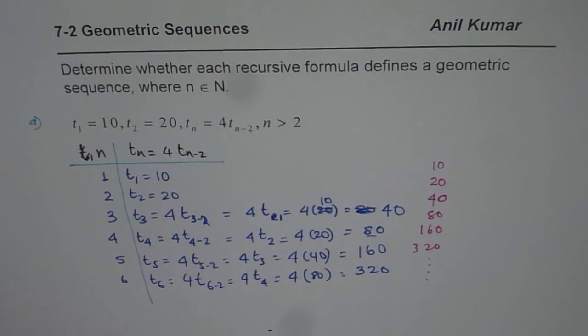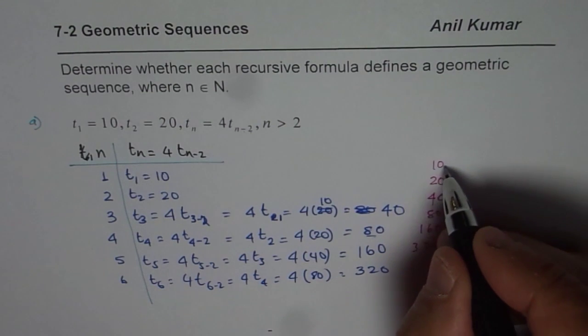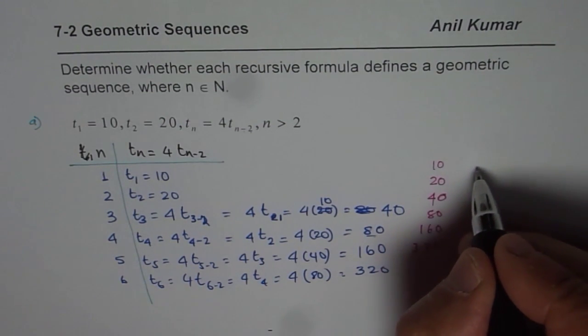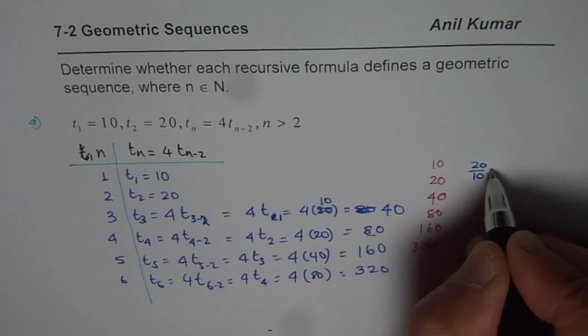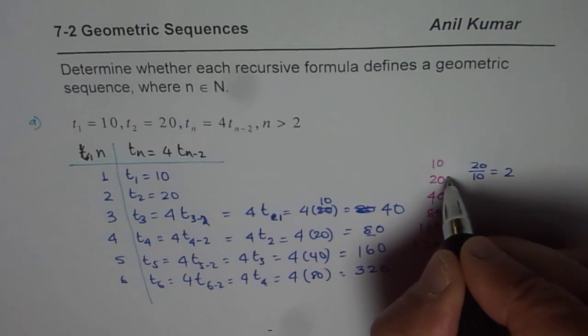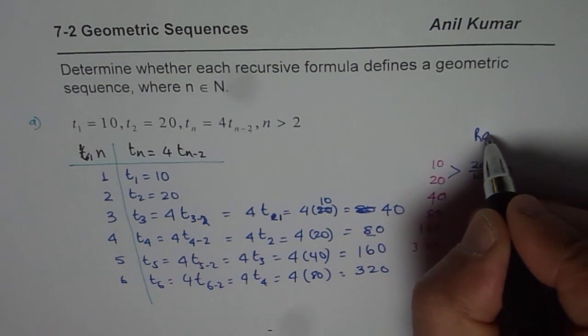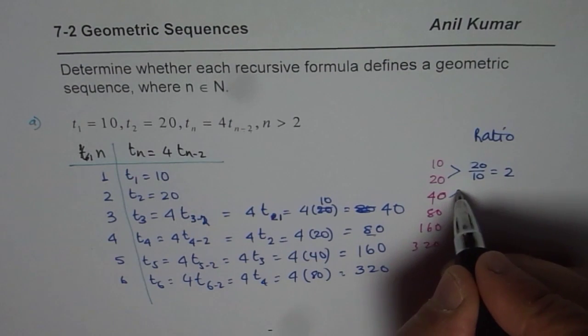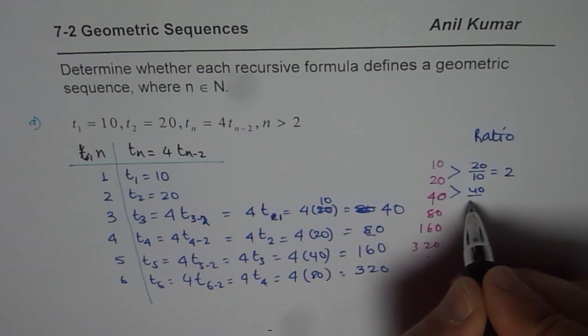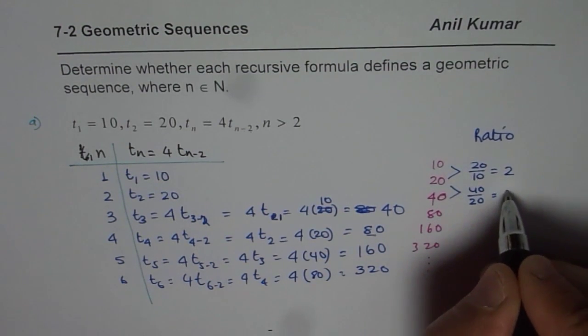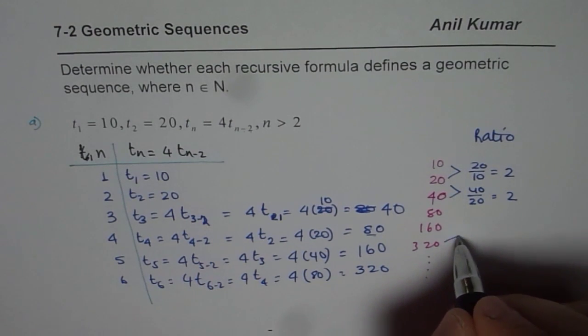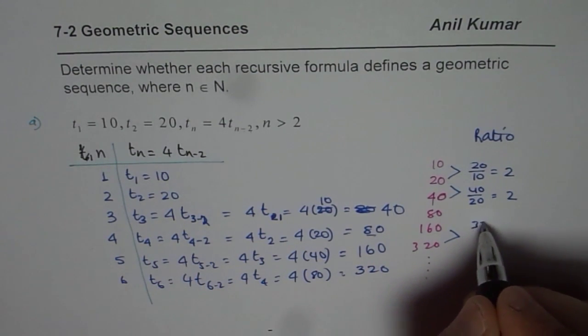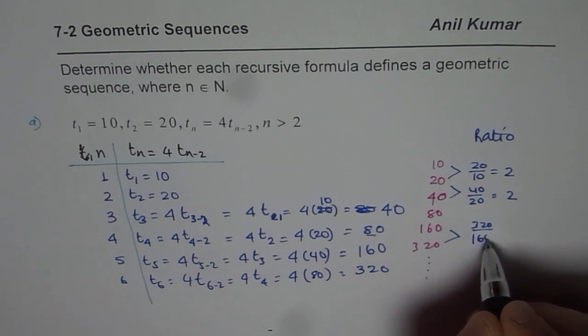In each term, if I divide 20 by 10, what do I get? I get 2. If you find the common ratio to be the same, then it means it is a geometric sequence, correct? If you continue this pattern and divide, you get 2.